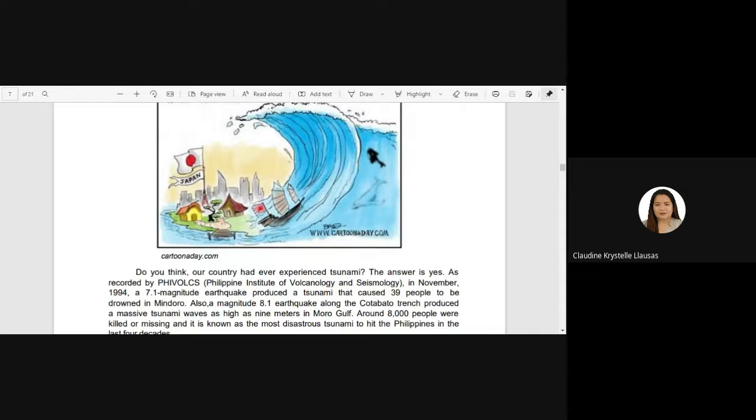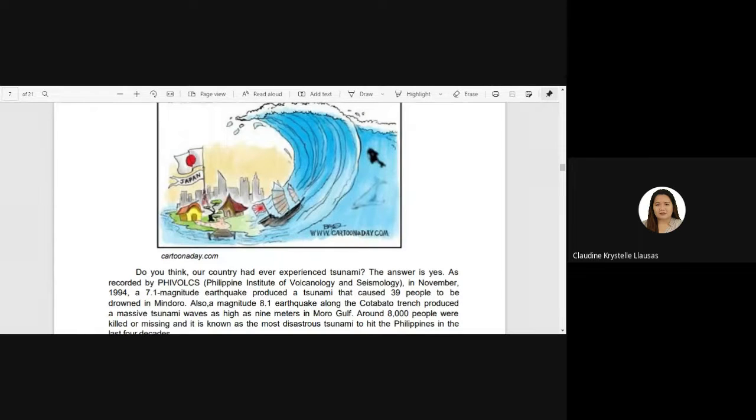So, na-record siya sa Philippine Institute of Volcanology and Seismology in November 1994. A 7.1 magnitude earthquake produced a tsunami that caused 39 people to be drowned in Mindoro.